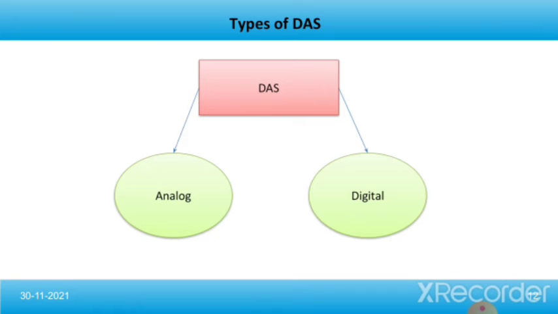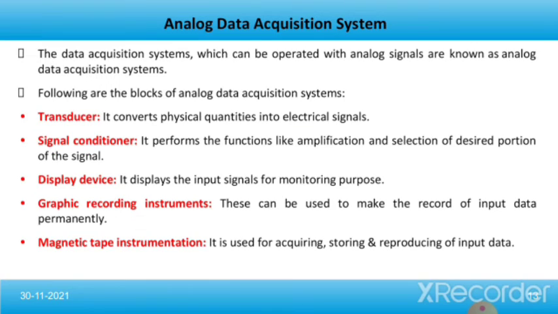Now we'll talk about the types of DAS, that is analog and digital. An analog data acquisition system is a data acquisition system which can be operated with analog signals. Following are the blocks of an analog data acquisition system. First is the transducer. It converts physical quantities into electrical signals.